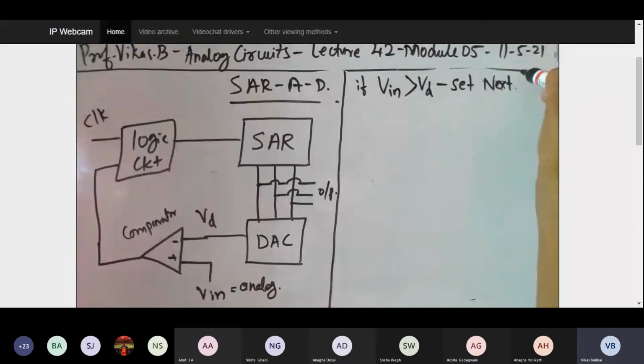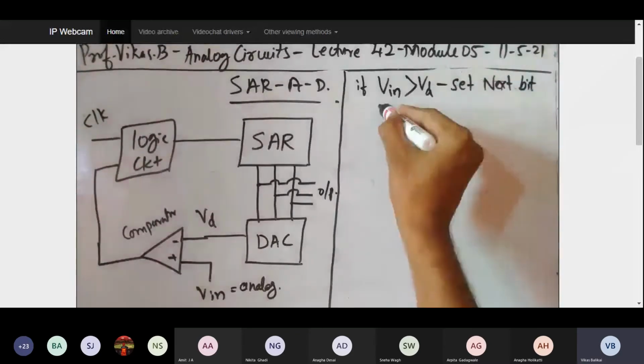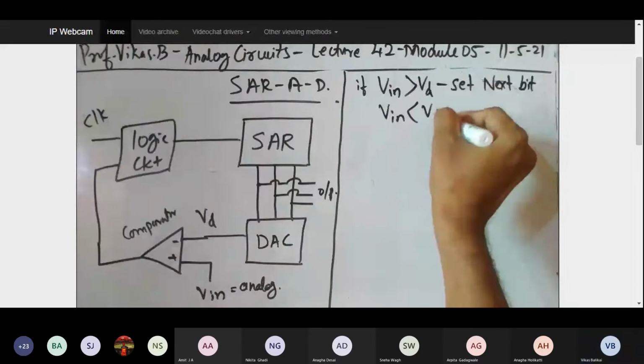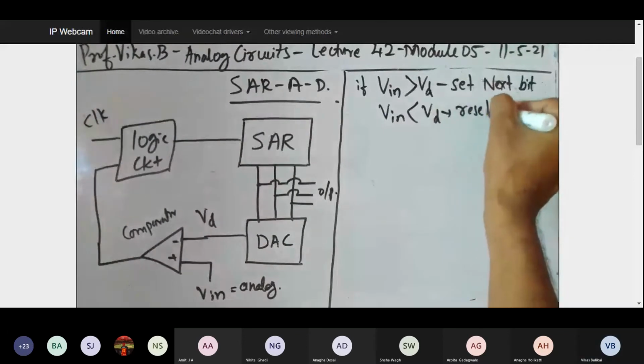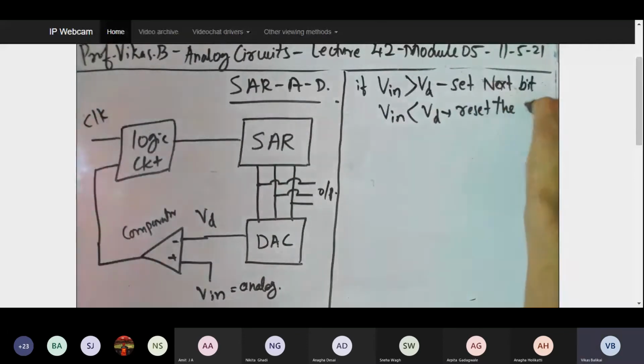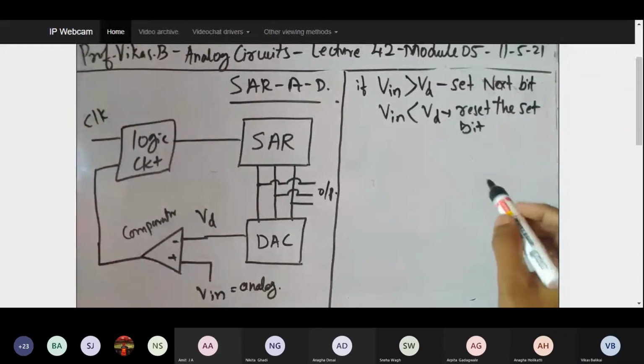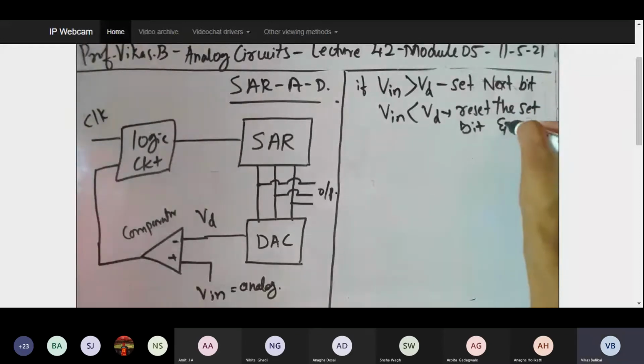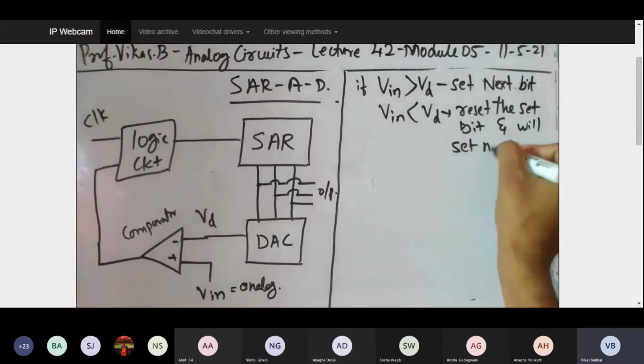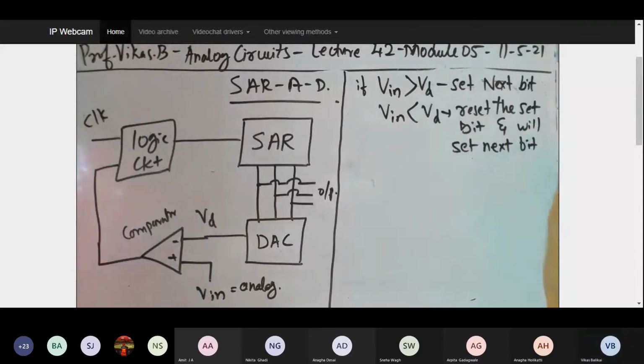So I'm writing here, when input Vin is greater than Vd, set the next bit. When Vin is less than Vd, reset the set bit, and set the next bit. I'll tell you what exactly this means.